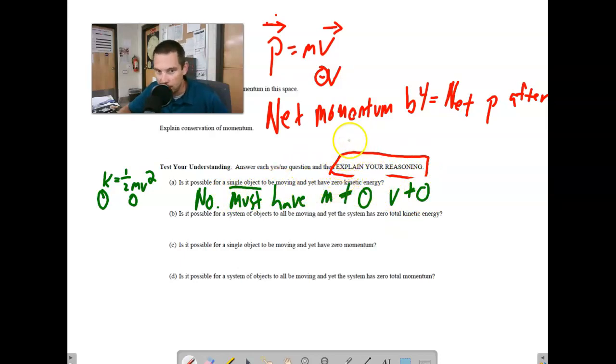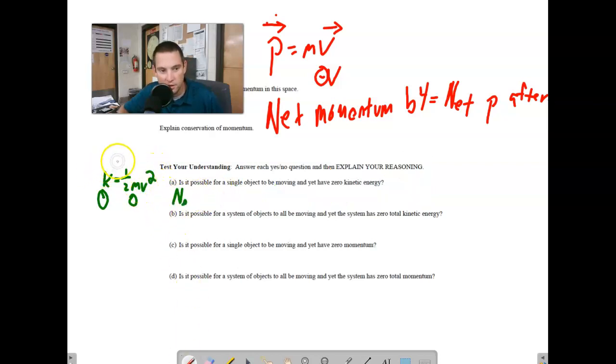We're not talking about light or anything here. We're talking about a point mass, which for us will be everything. We're not going to deal with massless particles at this point. So, no. You've got to have some kind of mass or some kind of velocity to have any kind of kinetic energy. Now for your explanation, you're going to just summarize this into words.